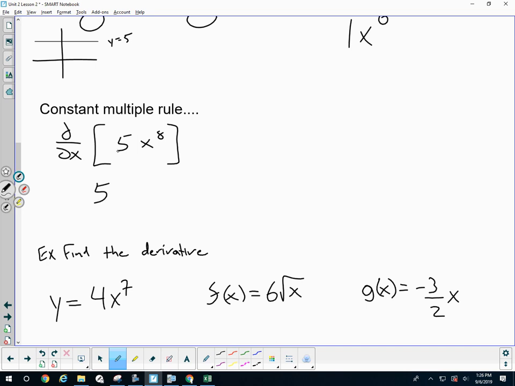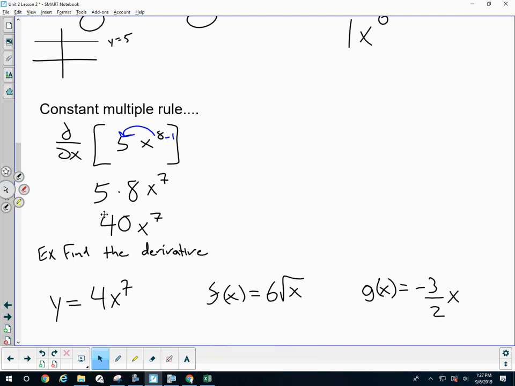Don't tell me that the derivative of 5 is 0. Don't put 0 down. Instead, just leave it alone. Take the derivative of x to the 8th, 8x to the 7th. But watch, I'll just be able to multiply these two to get 40x to the 7th. In the future, you will just take this 8, multiply by the 5, and then subtract 1.